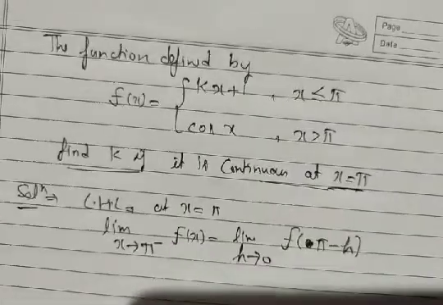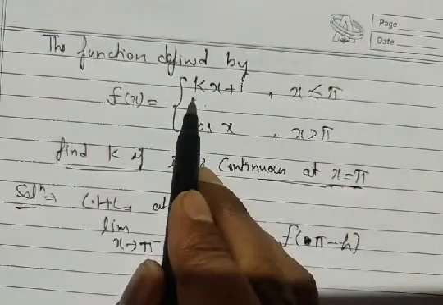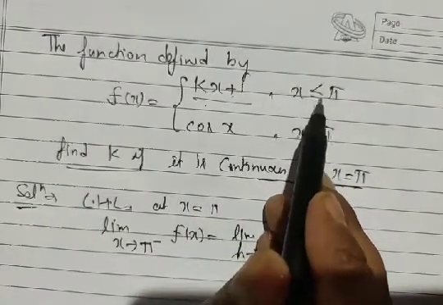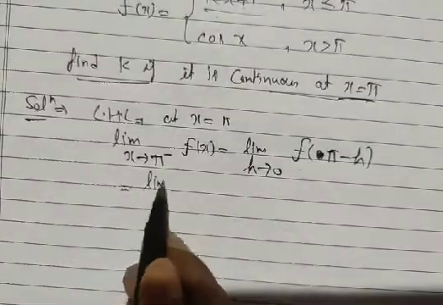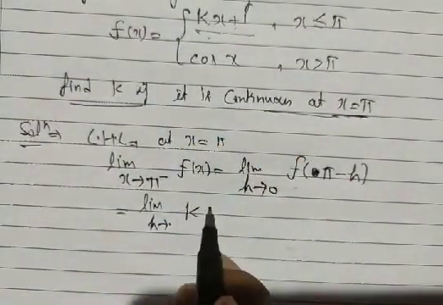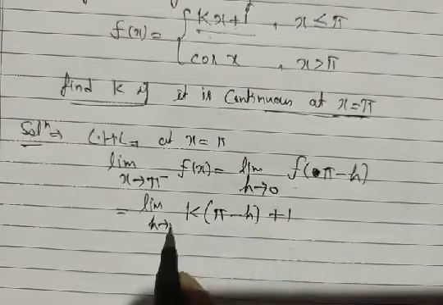Then we use the definition of our function, defined as kx plus 1 when x is less than pi. Then limit h tends to 0, we take kx plus 1, and at the place of x we put pi minus h, plus 1.